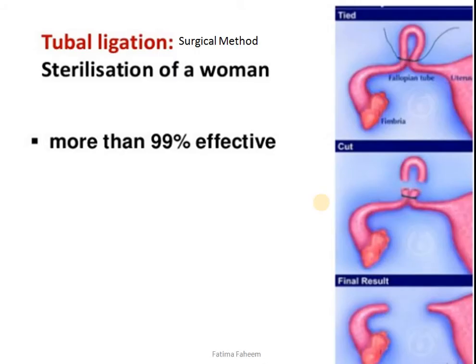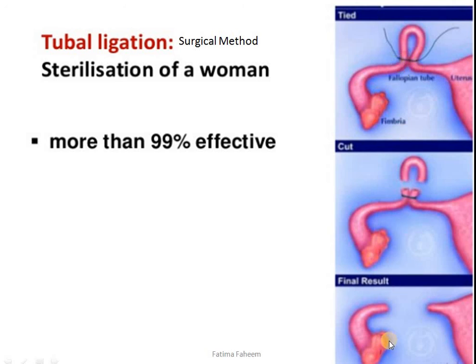Similarly, in females, this is called tubal ligation, where the female who wants to get sterilized undergoes a minor surgery, which is quite effective. About 99% of this method show positive results, where the fallopian tube or the oviduct is ligated, tied or cut.